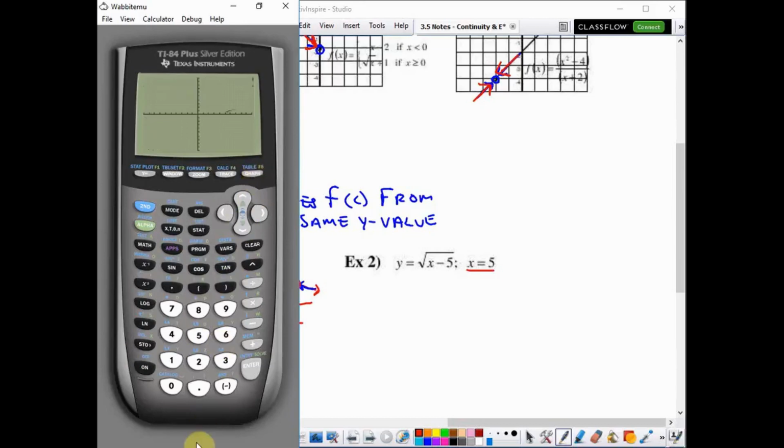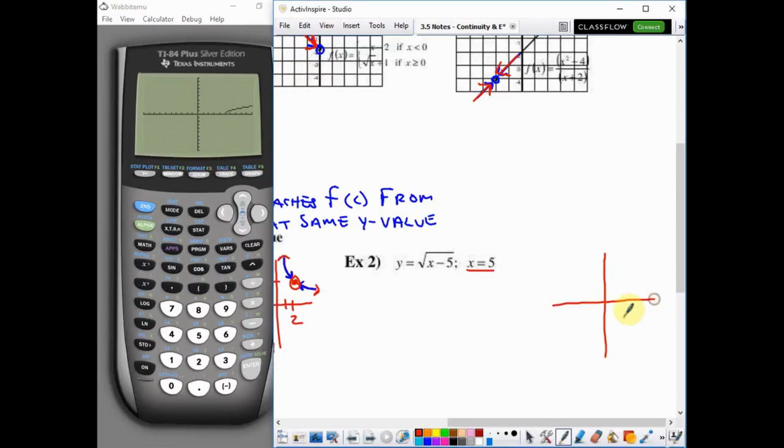And graph. Okay, so that's what our graph looks like. I'll draw a rough sketch of it over here. X-intercept is 5, and it looks about like that.